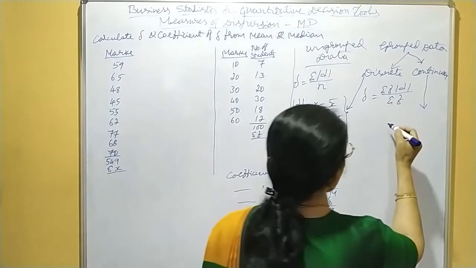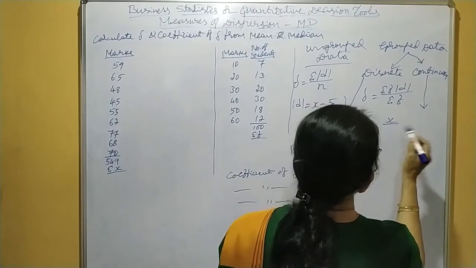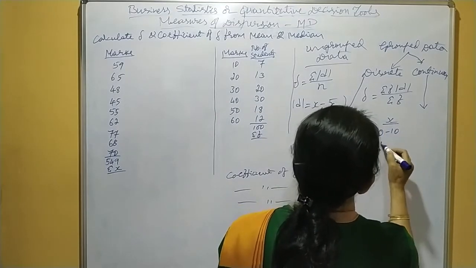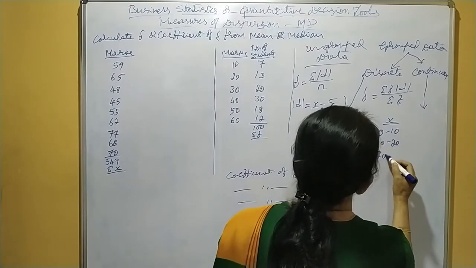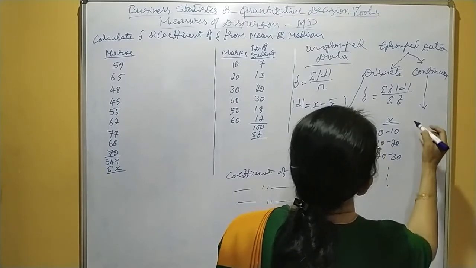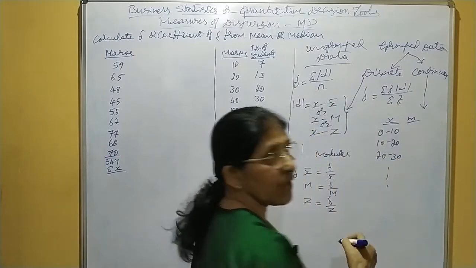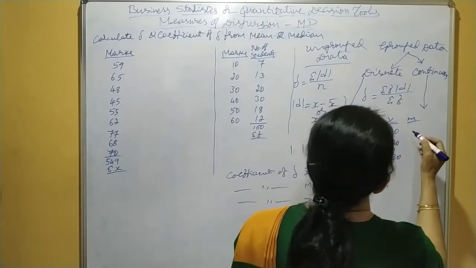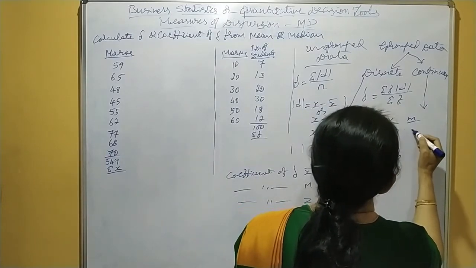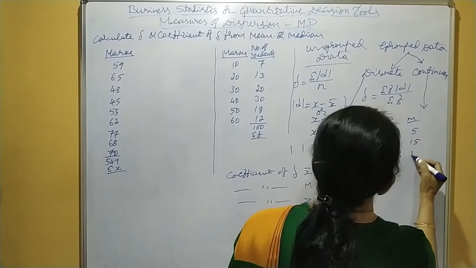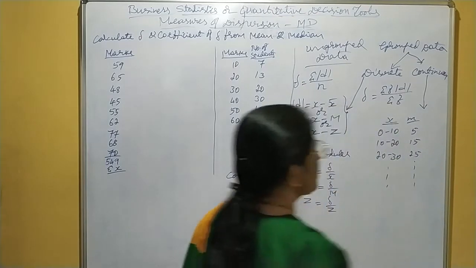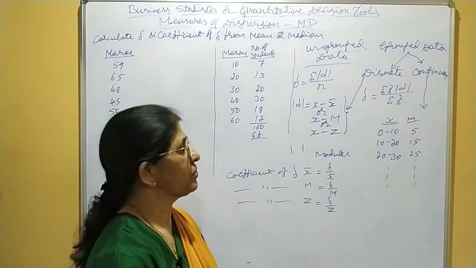When you come to continuous series, here it is known to you, variables are not given in single values, they are given in groups, in classes. It may be 0 to 10, 10 to 20, 20 to 30 and so on. Then we have to take mid value small m. 10 plus 0 divided by 2, 5, 15, 25, means upper limit plus lower limit divided by 2, that is known to you.